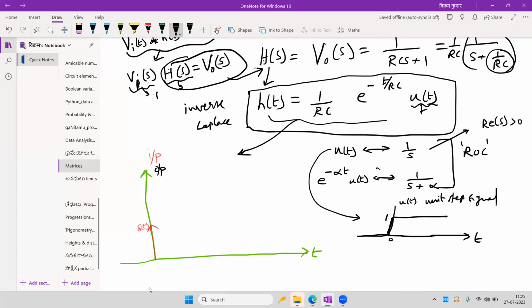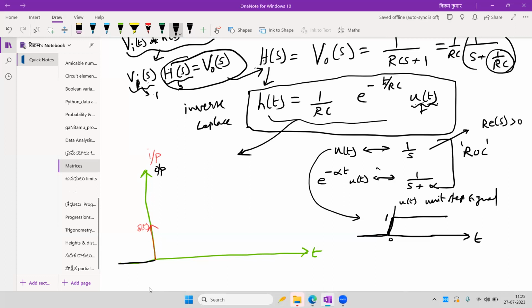When t is less than 0, the left hand side is all 0. Output is 0 because you did not give any input on the left side. Now at 0 and after 0, what is going to happen?